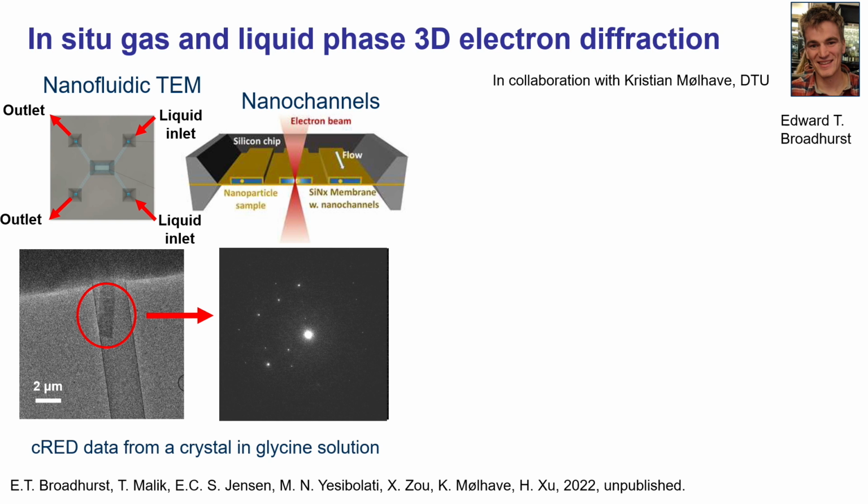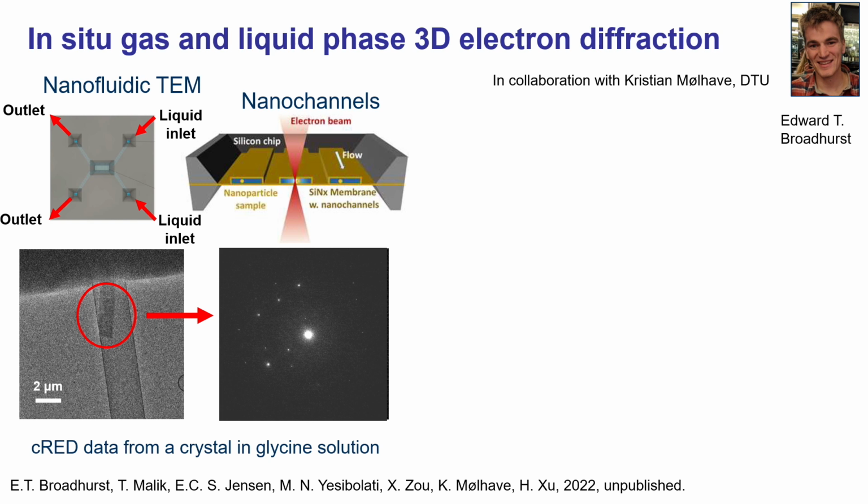And the last thing I want to mention is that electron diffraction is not only for structure determination and phase identification. You can actually study reactions using electron diffraction. This is a liquid cell we are developing in collaboration with Christian Mühav's group at DTU, Denmark.